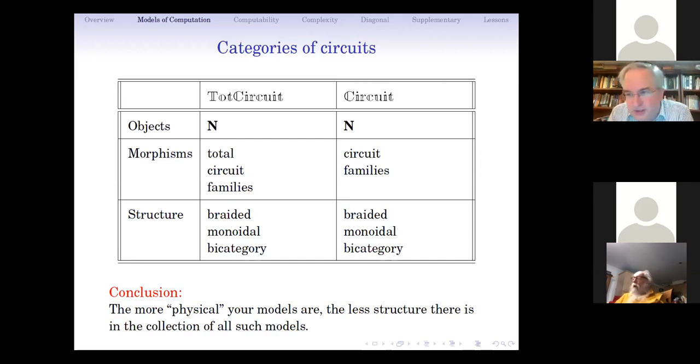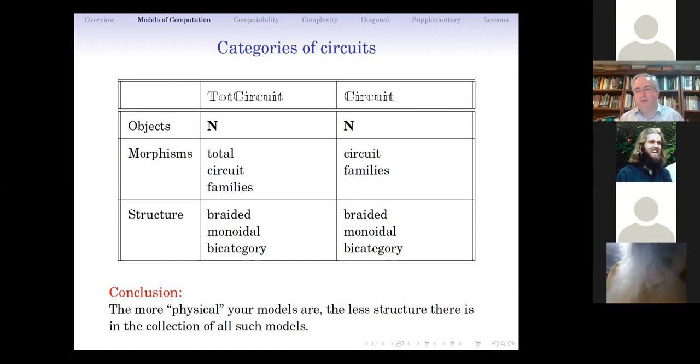There's no such thing as these circuits because we don't have programs that can list off these things, but it's closer to physical things. The more physical your models are, the less structure there is in the collection of all such models. That's an important thing, especially to an applied category theory seminar. I just thought I should say that. So it's harder to describe some of the things. Go ahead.